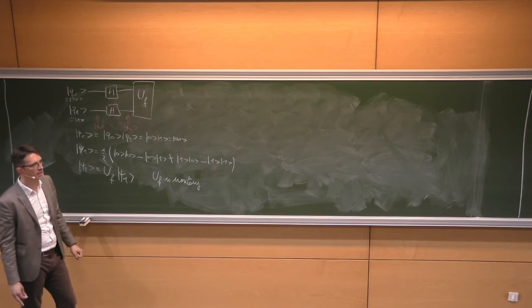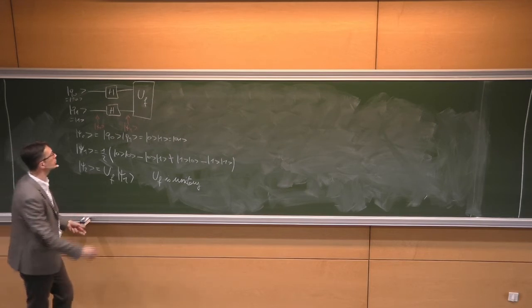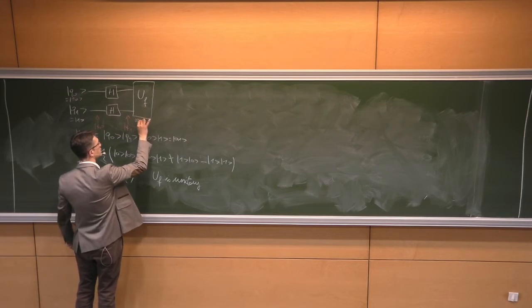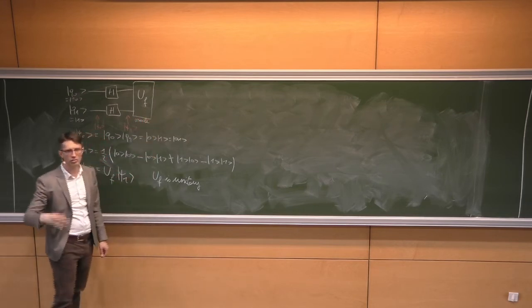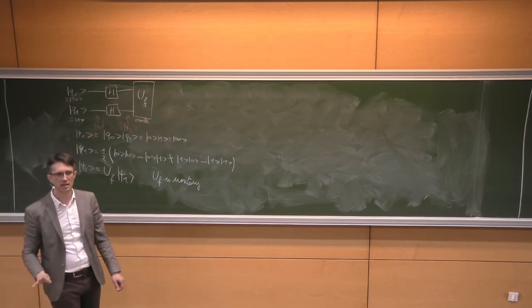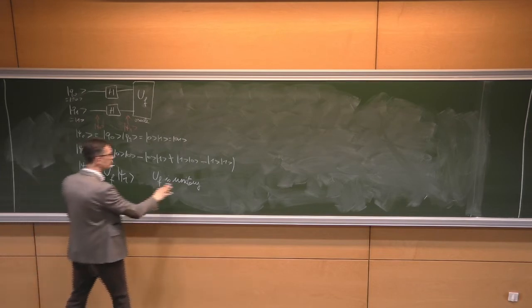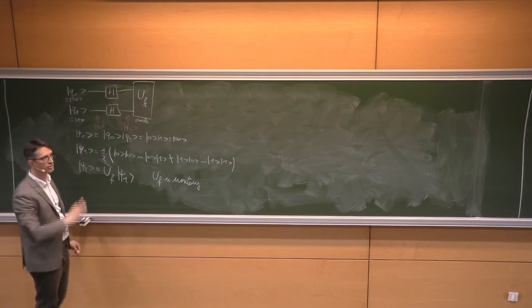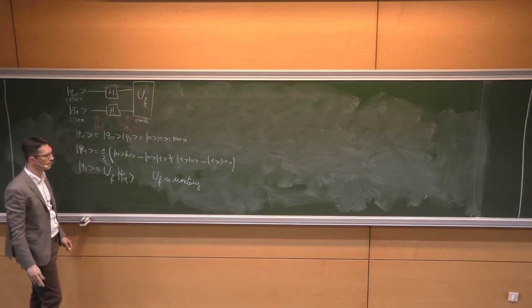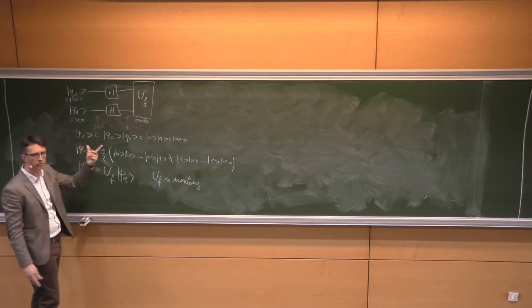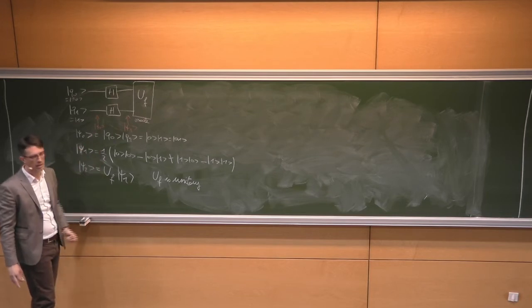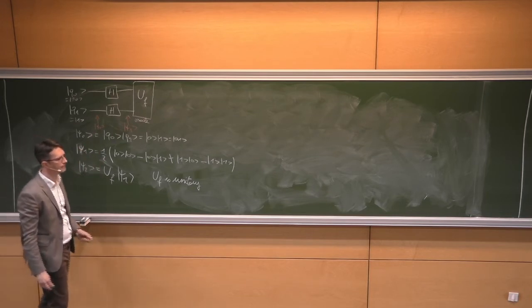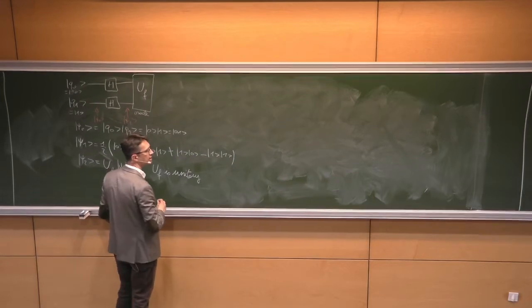Sometimes people talk about an oracle. You can see it as an oracle where you don't actually know what it is. You just know that it has to be unitary, and this is linked to the function f that you want to probe. So unitary is a specific property.